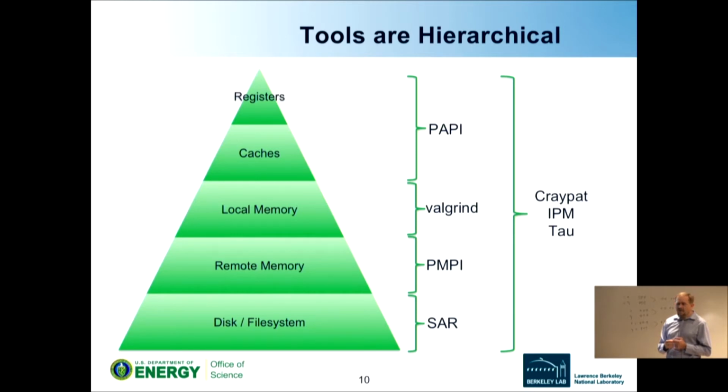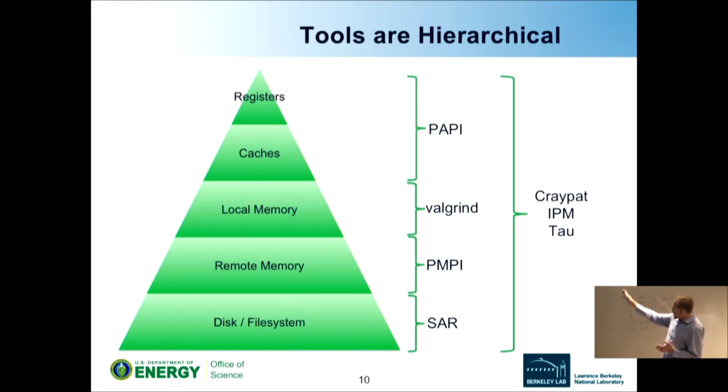So if you have a concern about slow messages overall, you could jump into PMPI and you could learn all about your messages, every single one of them if you wanted to. And on the last level is system accounting type of utilities that can tell you about how much data you are pushing through the file system.